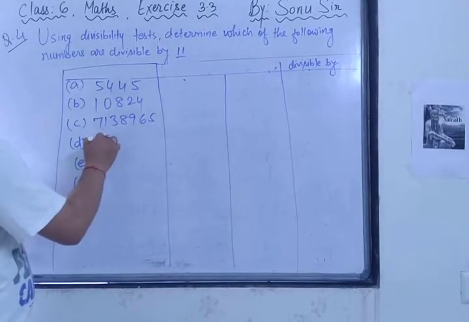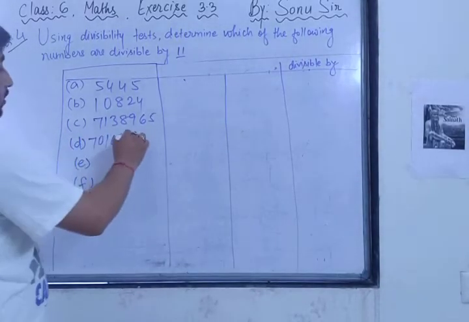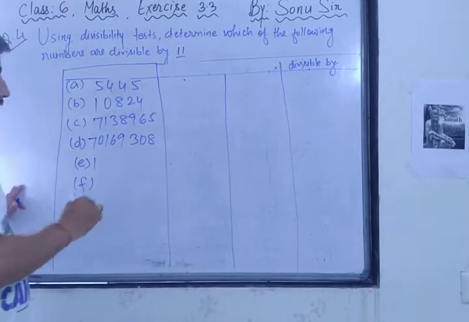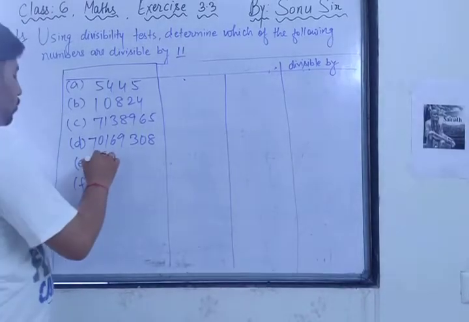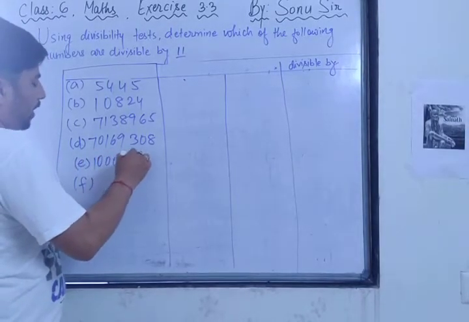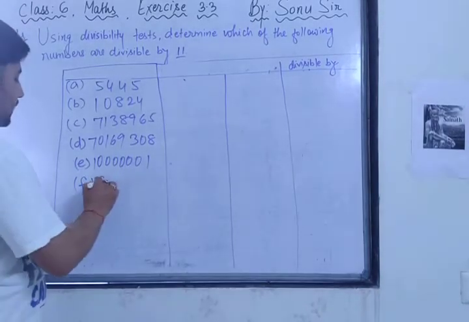Then 70169308. Now this number is 1, 2, 3, 4, 5, 6, 0, 1. Is it right? Just check the question. Yes, it is right.